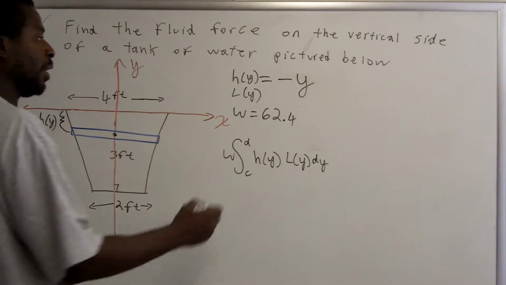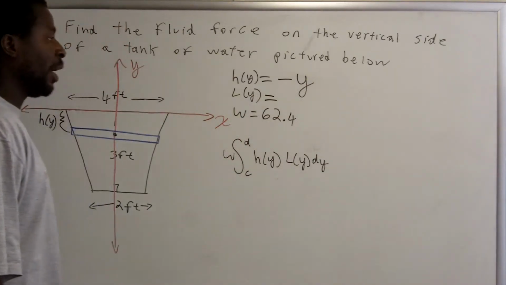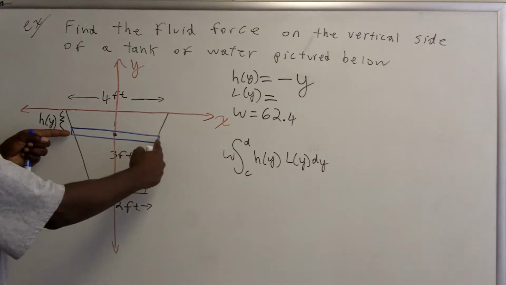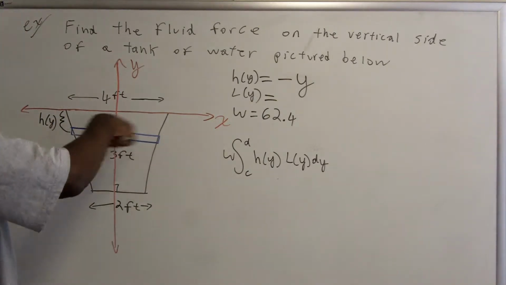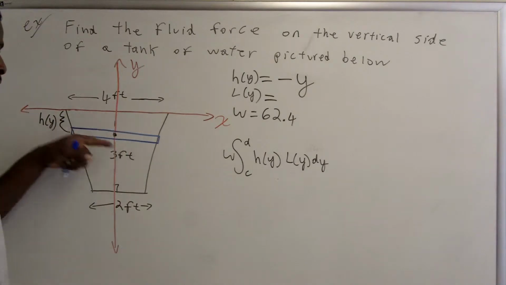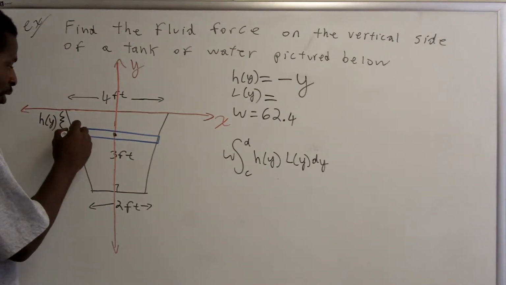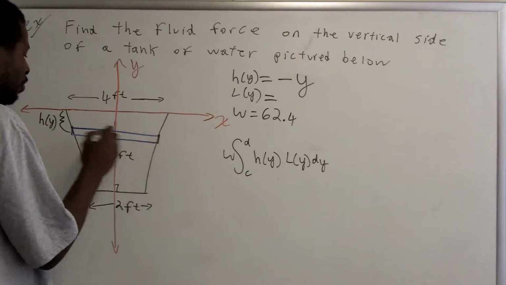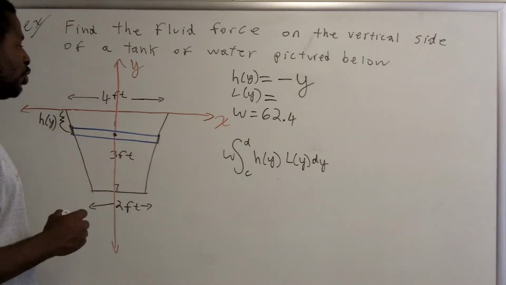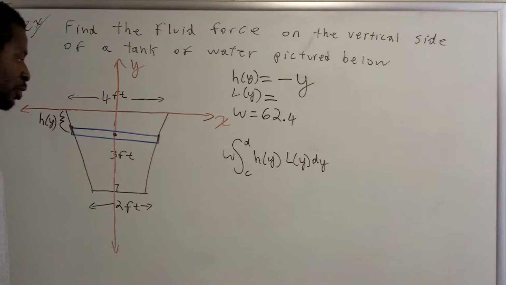Now L(y) is the horizontal length of the region, based on this representative rectangle. You can see this region goes from the left-hand side of this trapezoid to the right-hand side of the trapezoid.